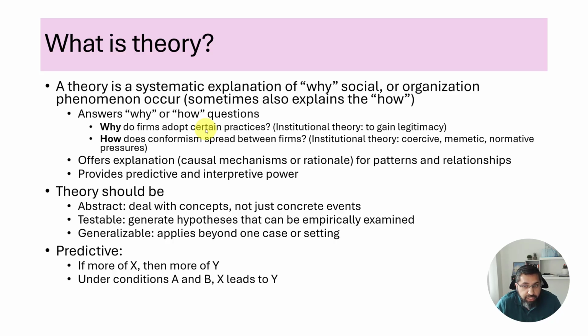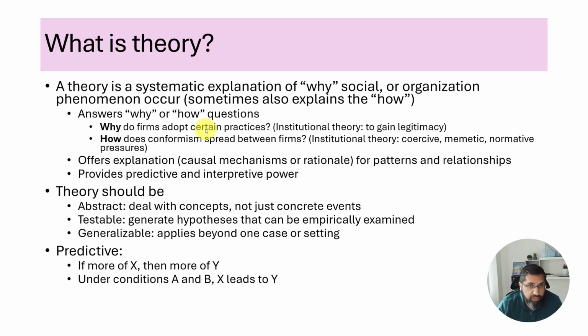It offers an explanation for patterns and relationships we may observe, and it's often trying to provide a causal interpretation. So we observe Y because X leads to Y. It also provides predictive and interpretive power. You can interpret certain behaviors, and you can predict that if X happens, it's likely Y will happen.